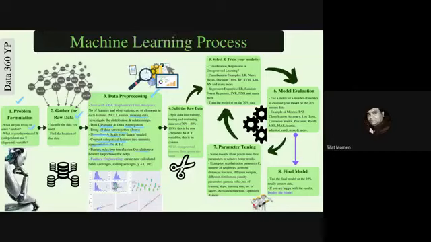So what happens is, once you collect the raw data, then you need to pre-process the raw data. Depending on the condition of the raw data, you're going to pre-process it. So now you have the pre-processed data.